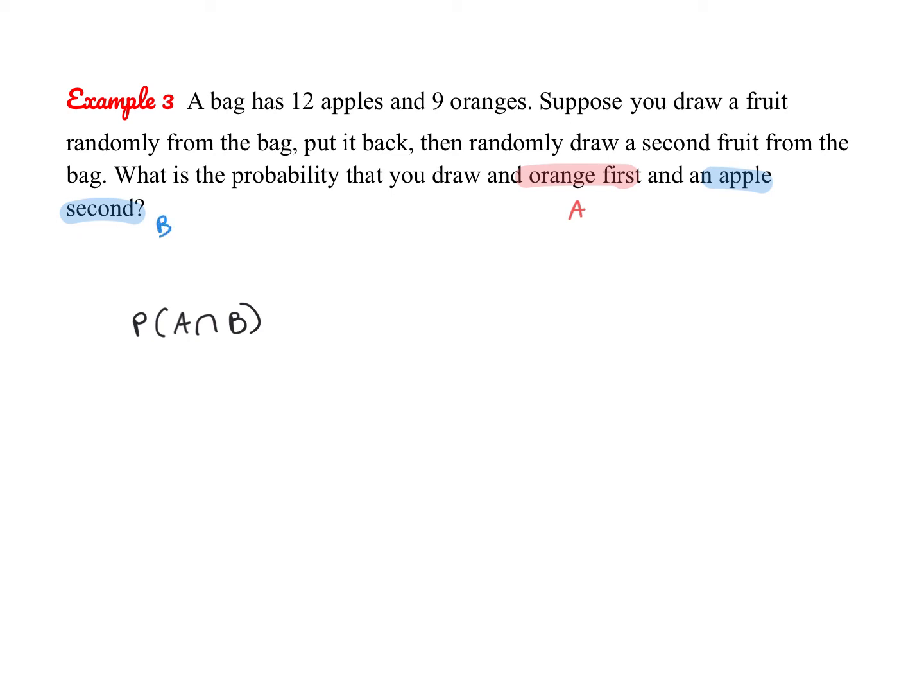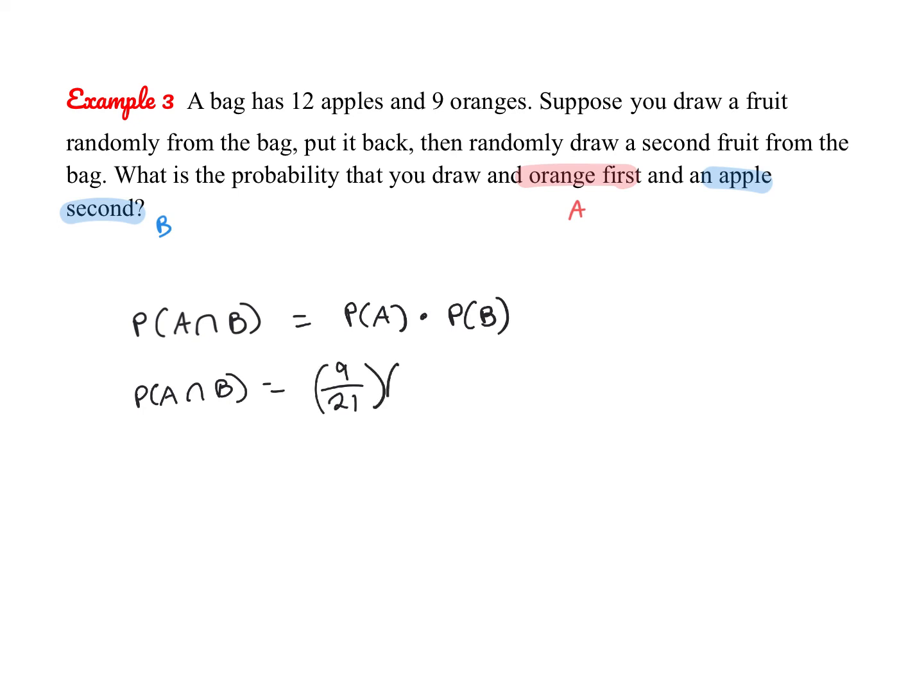And we know that they're independent just based on the scenario. So to find this probability, we simply find the probability of picking an orange, and we multiply it by the probability of picking an apple. For this, there are 9 oranges, and there are 21 fruits total.